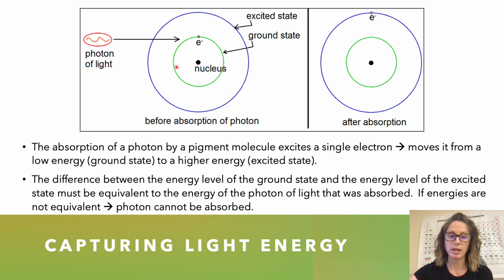So when the electron is not hit by a photon of light, it is orbiting in its ground state, so it's low energy level, ground state. And then if it gets hit by a photon of light, it can jump to the next energy level. This becomes important in the next couple of slides.